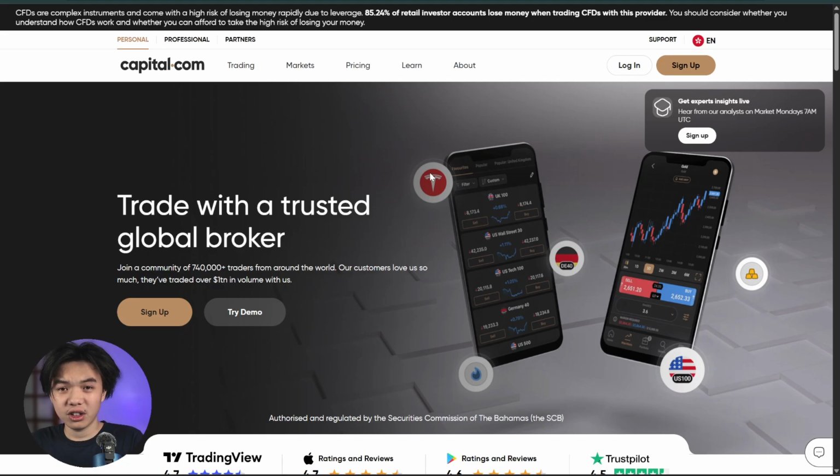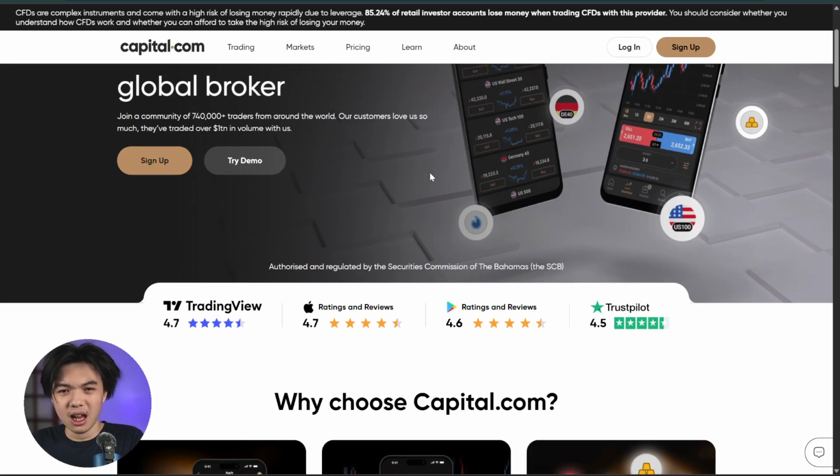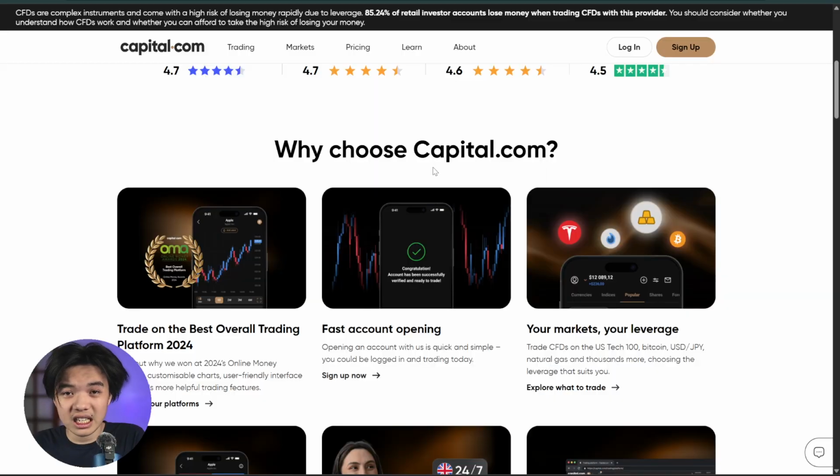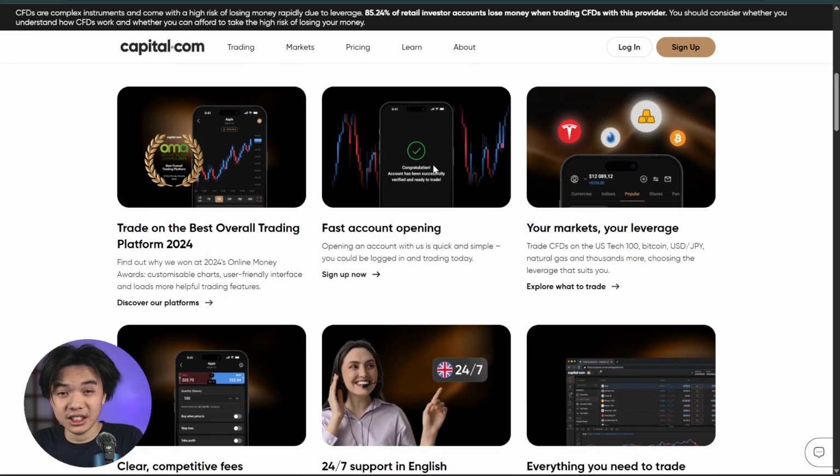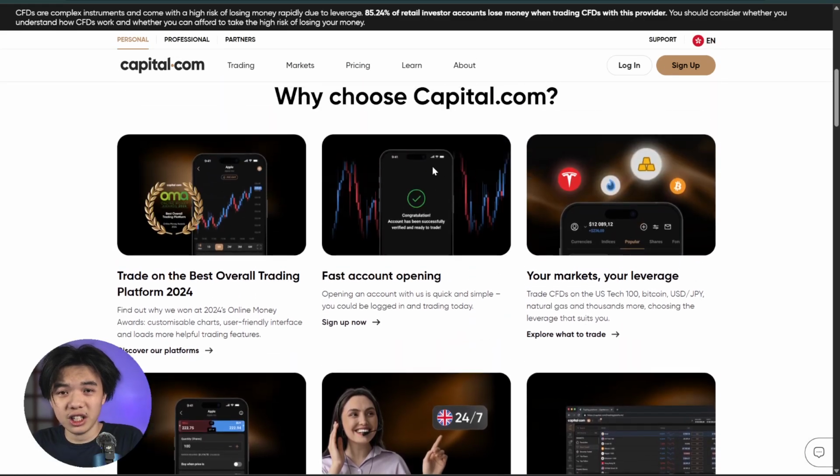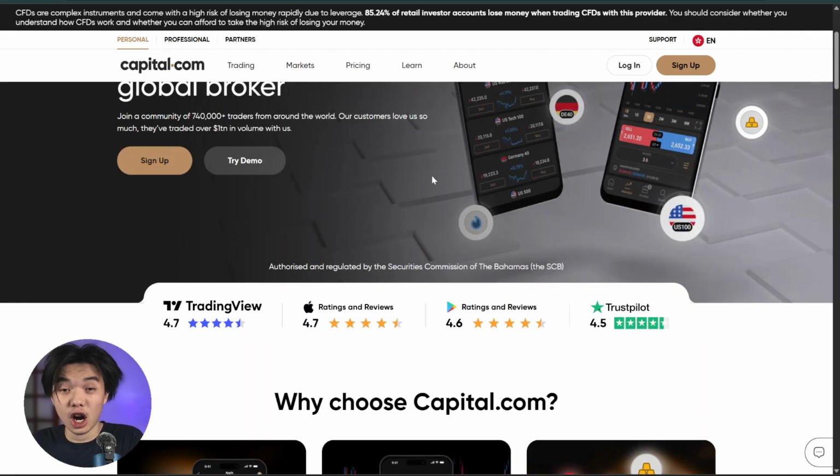For people wondering about deposits and withdrawals, Capital.com supports major methods like bank transfers, debit or credit cards, Apple Pay or Google Pay, or even e-wallets like Skrill and Neteller. Withdrawals are generally fast, usually processed within 24 hours, and there are no fees, which is a huge plus compared to other platforms that charge for every move you make.